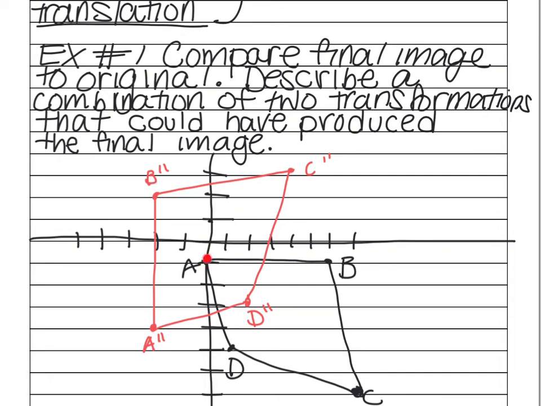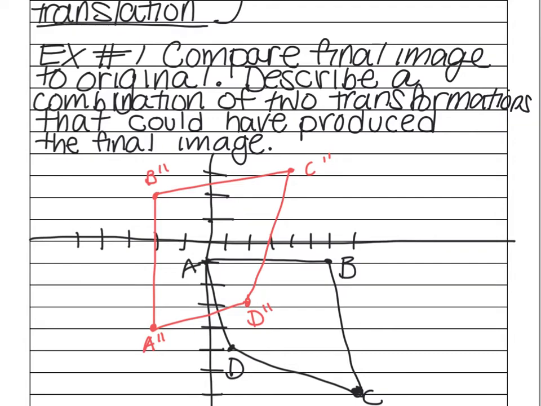It's kind of like that hamburger paper that's really thin, or like tissue paper. And we traced the original object and we were able to move it around to see how to rotate it and how to translate it so that it matched up. So that might be something that you want to think about using for these. But I cannot show you how to use patty paper on a computer screen, unfortunately.